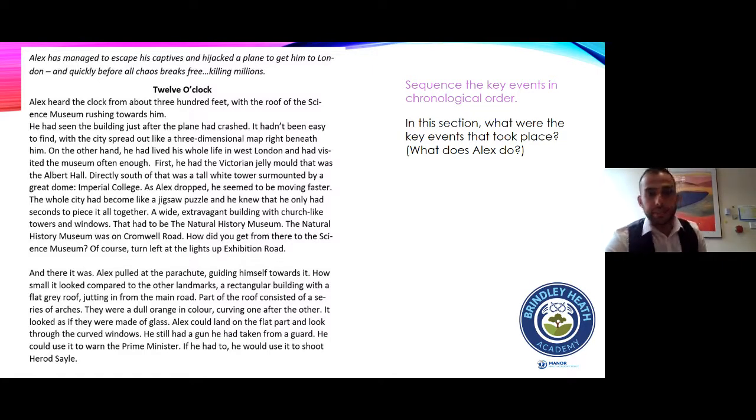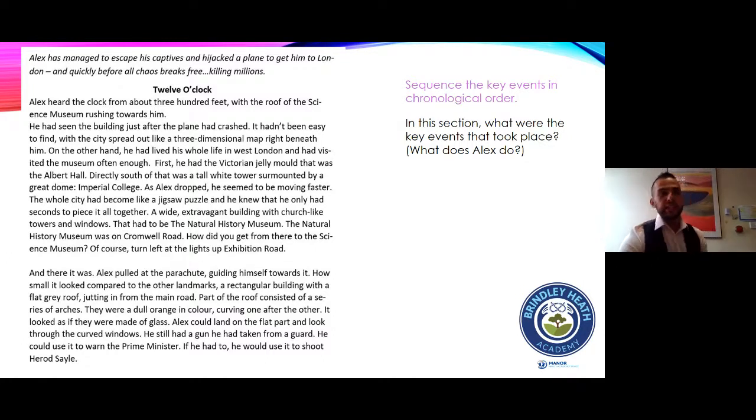Alex has managed to escape his captives and hijacked a plane to get him to London, and quickly before all chaos breaks free, killing millions. The chapter's called 12 o'clock. Alex heard the clock from about 300 feet, with the roof of the Science Museum rushing towards him. He had seen the building just after the plane had crashed.